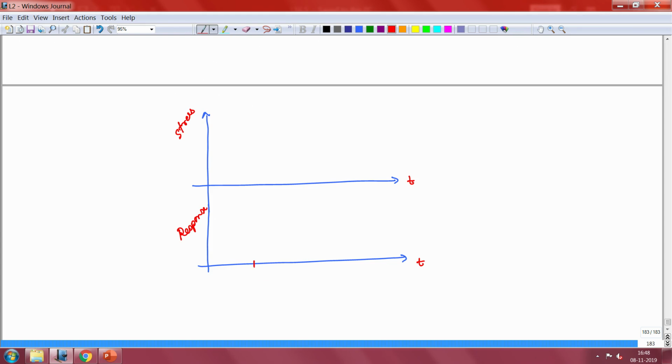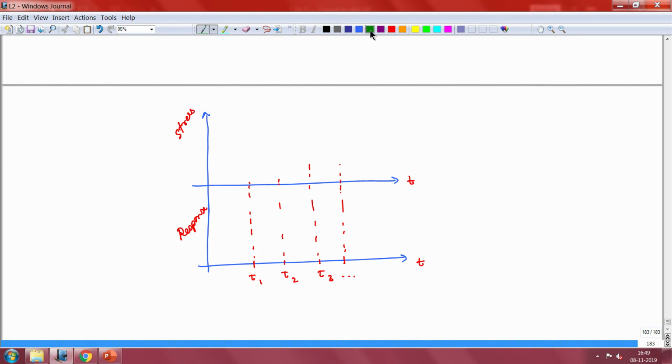Let us say you have different points which we will denote as tau 1, tau 2, tau 3, etcetera.